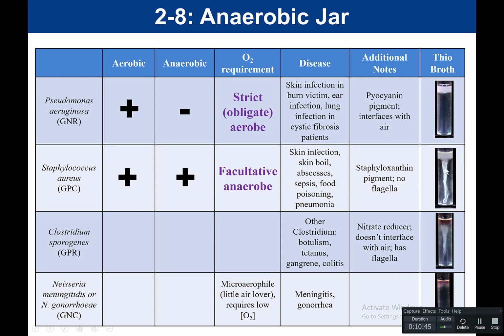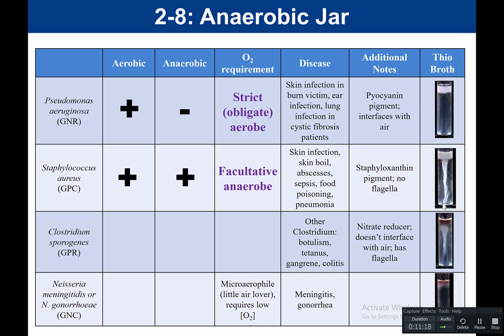So notice that when we see this grow, here you can see it growing aerobically. So it's growing where the resazurin is pink. And notice that in the anaerobic, it grows, but this is going to be a semi-solid. And so because it does not have motility, it only grows along the stab line. You're going to see in a minute a different example of a facultative anaerobe, and you'll see E. coli, for example.